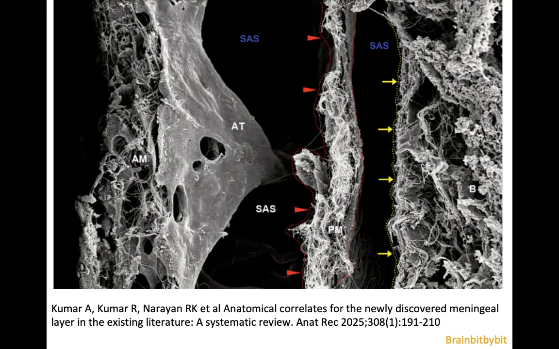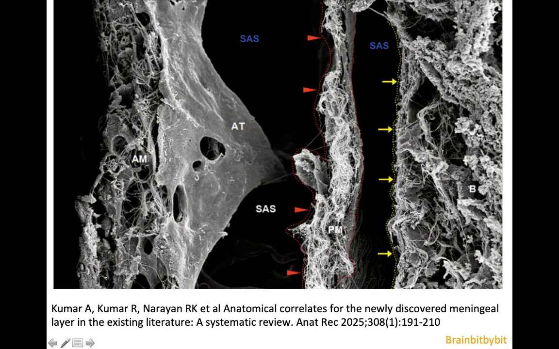This year there was a very nice article where they retrospectively looked at previous studies, and this was a study from 2021 with a very nice electron microscopic picture of the cellular layer of the arachnoid membrane. This is the trabecular part of the arachnoid space, and there was this membrane in red that in 2021 was described by Saboori et al.